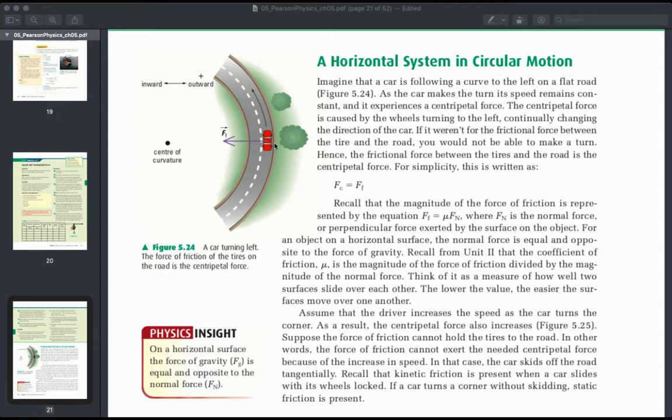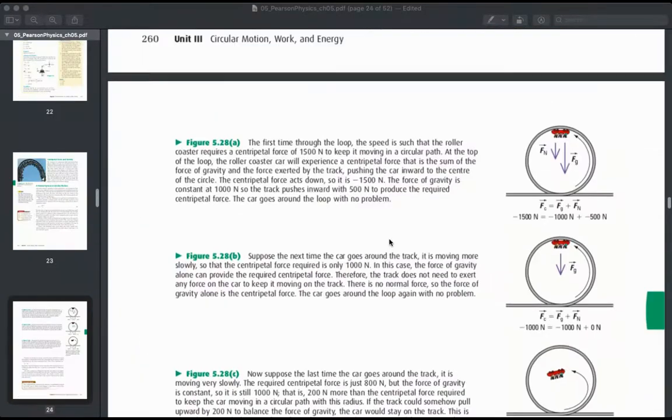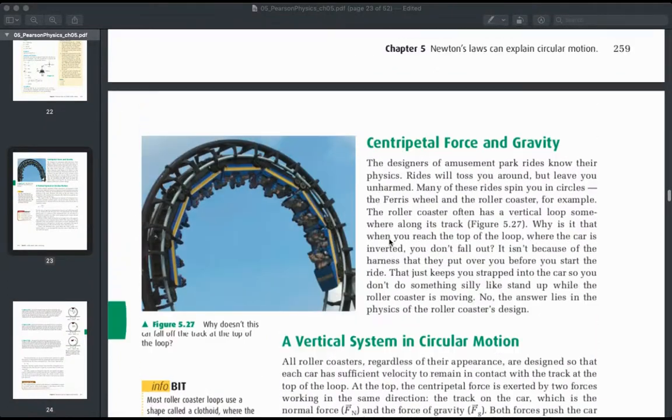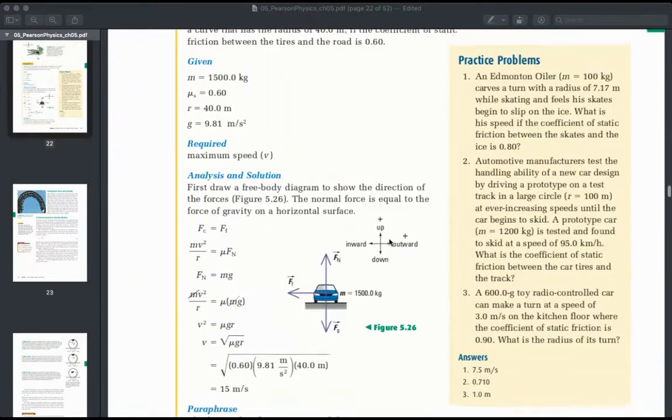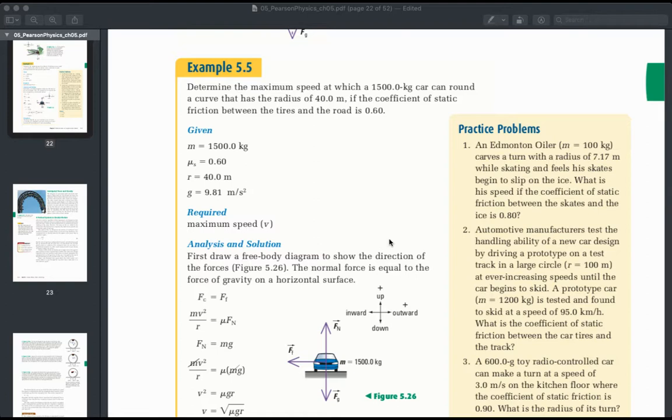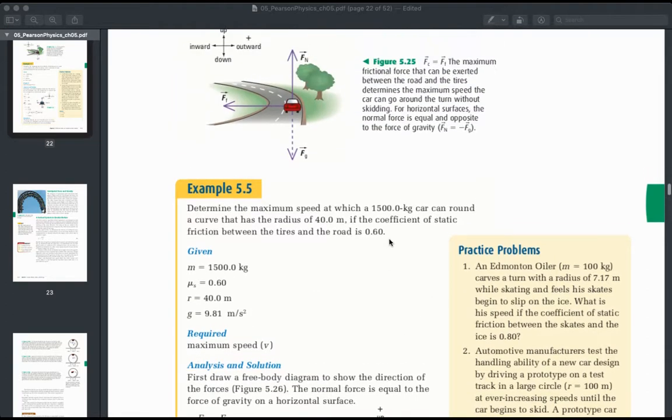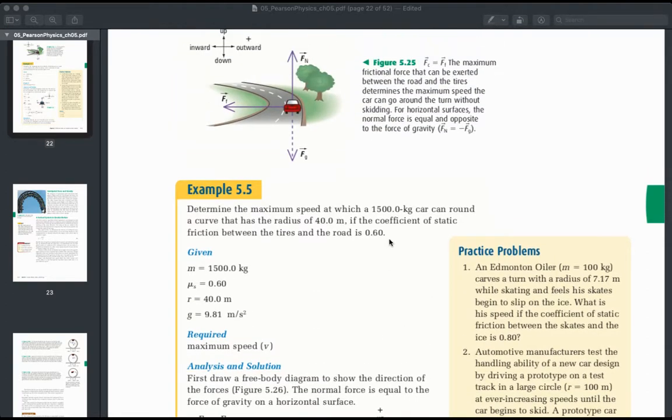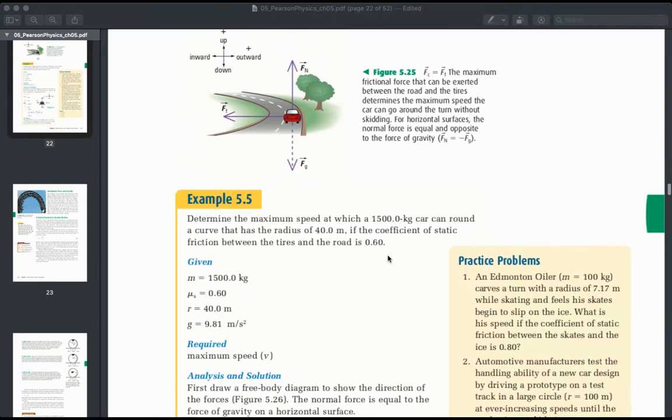If there's not enough frictional force between the tires and the road, you're not going to be able to stay in circular motion. And that's kind of important, is realizing that just cornering in a vehicle relies on force friction. It controls how you drive on icy or wet roads.